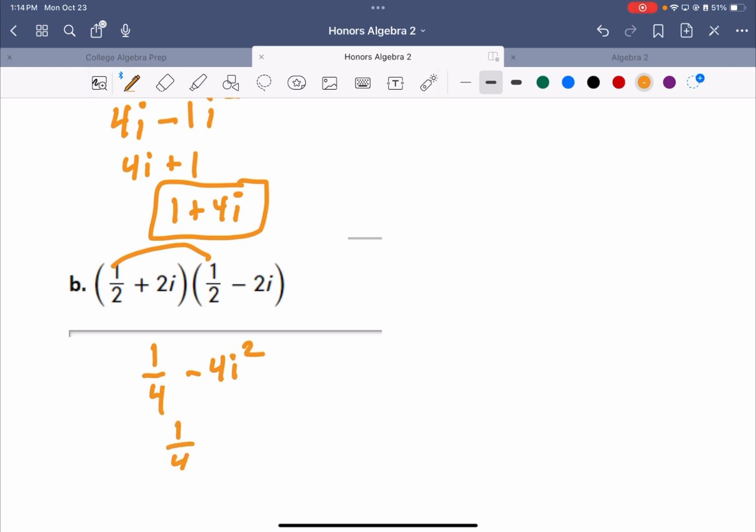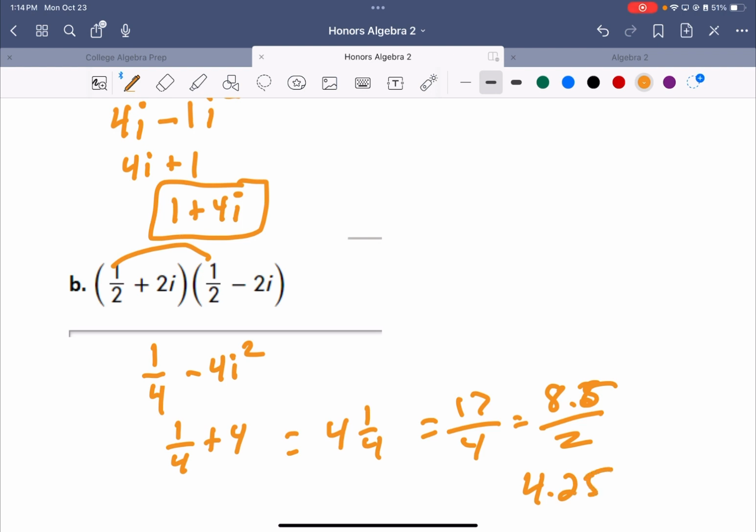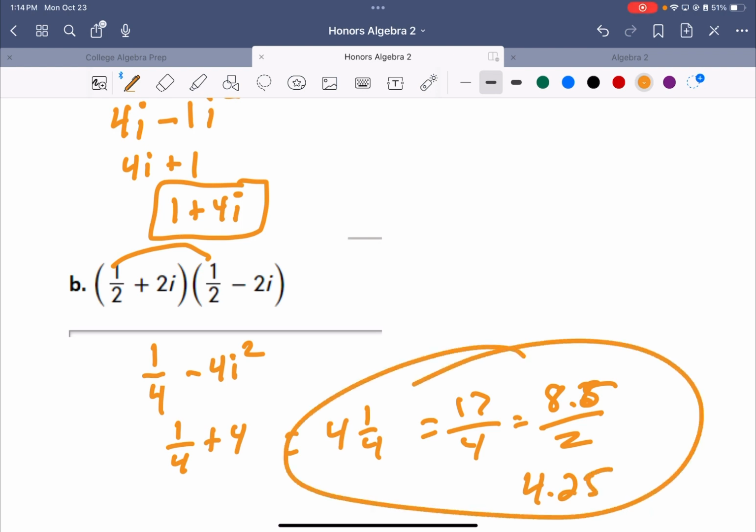So that's 1/4 plus 4, which is 4 1/4, which is 17 over 4, which is 8.5 over 2, which is 4.25. I couldn't care less which one you put.